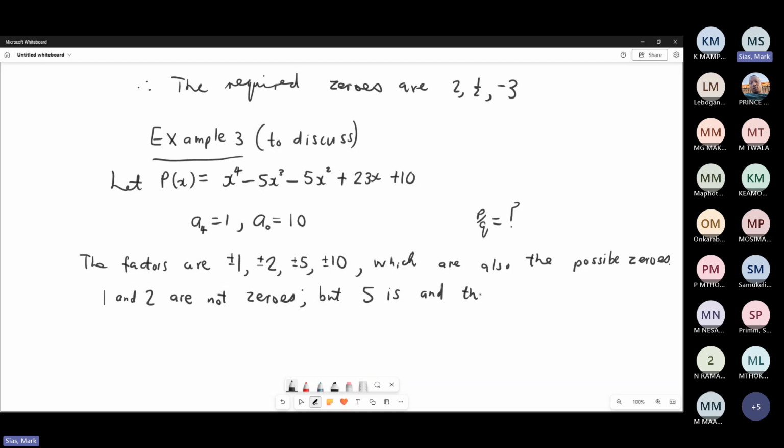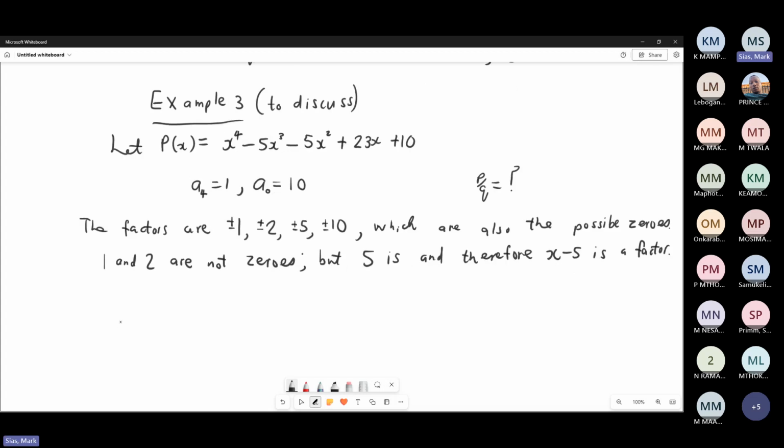Therefore, x minus 5 is a factor by the factor theorem. Now, from this step onwards, you will use long division. You'll divide that linear factor x minus 5 into this quartic polynomial, degree 4 polynomial.